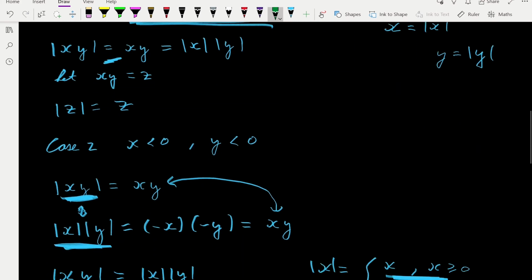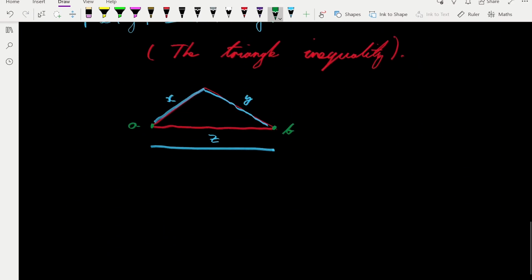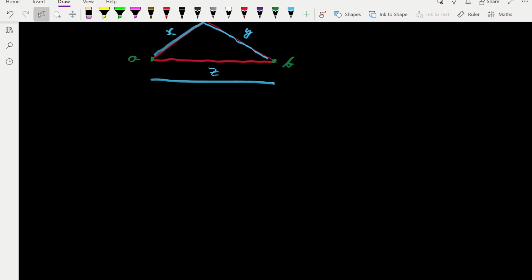So let's consider a geometric way of understanding that. See, proofs by definition prove a mathematical statement to be true, but what they don't always do is really show us intuitively why the statement is true.